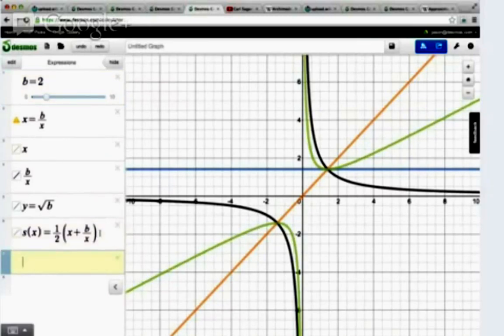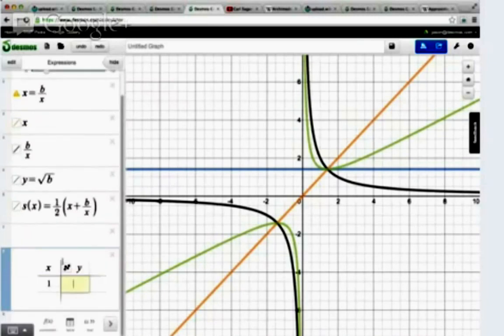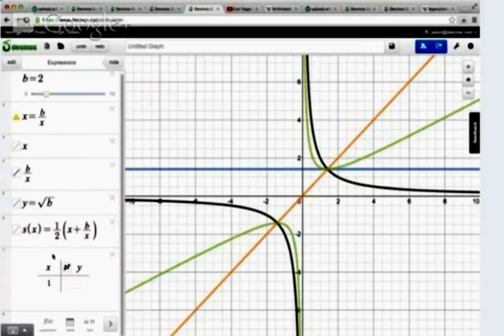We can do this by making a table to see how our progress is going. All right, so at step 1 of the algorithm, let's just put in b as our initial guess.